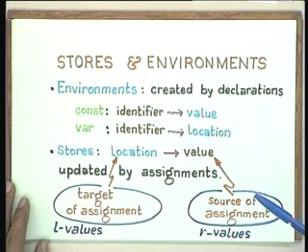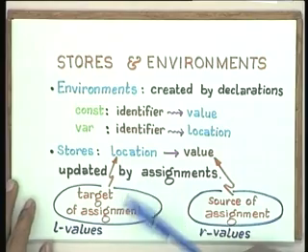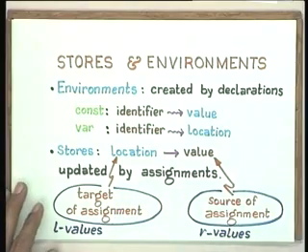The target actually refers to some location and the source actually refers to a value contained in a location, even though we use the same name for both. Depending on the context, you will either take the L-value or the R-value.